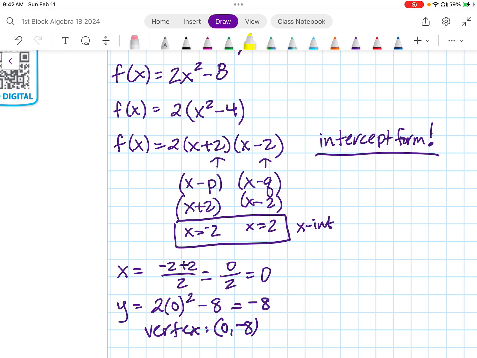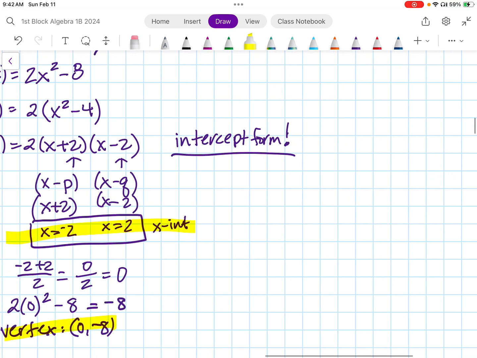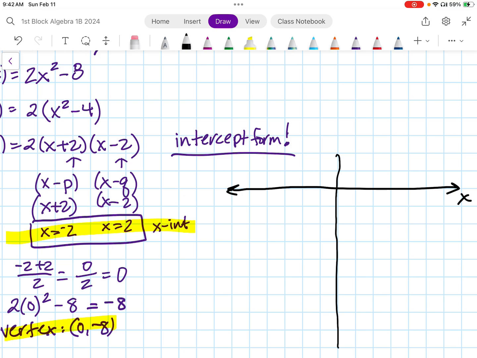Those are the things that I am going to want to use to graph. I know that I need to have some negative numbers in my y-axis. I don't really need positive ones because it only goes up to 0. And then I need some negative and some positive on my x. So I think that I will draw my x-axis here and my y-axis with mostly negatives.